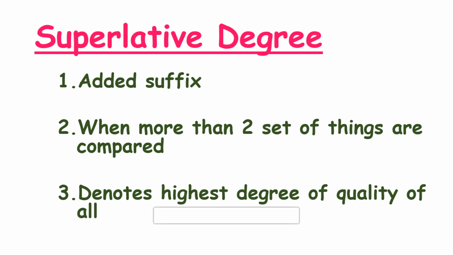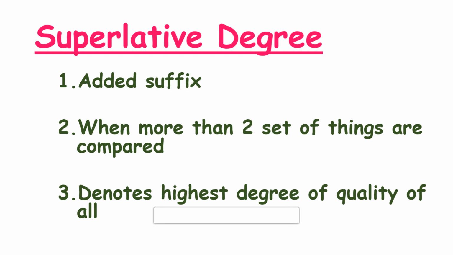Now the second one, it is used when more than two things are compared, then it denotes the highest degree of quality, meaning when the thing is shown as the most superior, or you can say the most inferior, meaning the highest degree. Of all the things, it is shown to have the highest degree of quality.